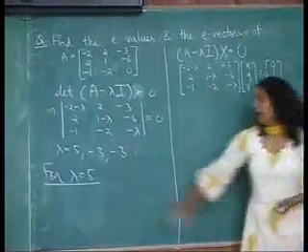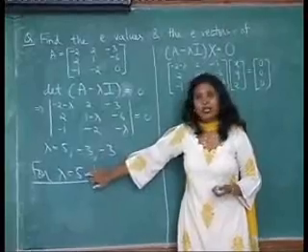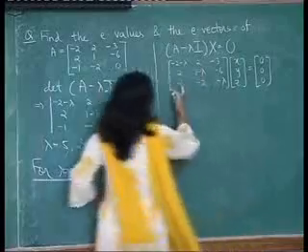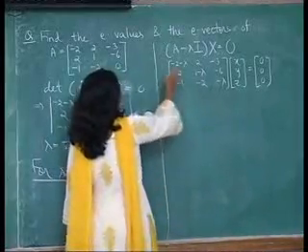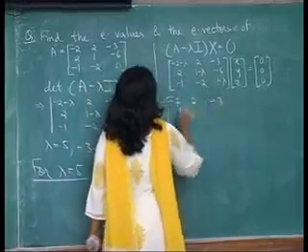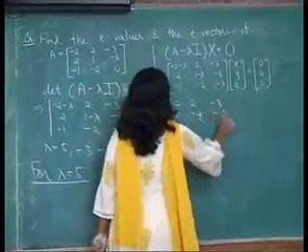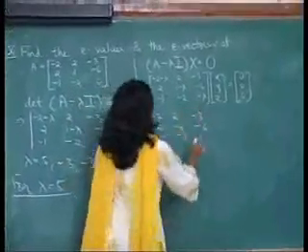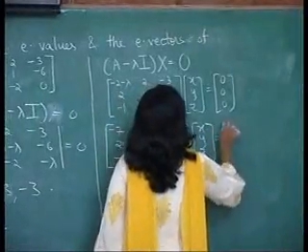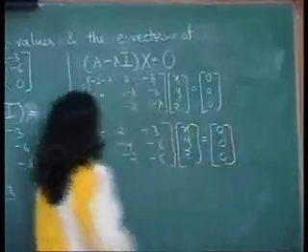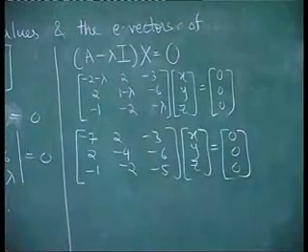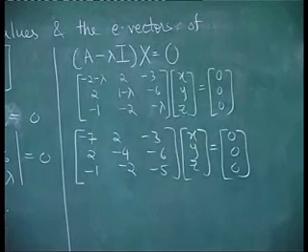Now, I need to do this specifically for lambda equal to 5. So, when I put lambda equal to 5 in this, my homogeneous system is going to look like -2 minus 5, -7, 2, -3, 2, -4, -6, -1, -2, -5, times X, Y, Z. In the earlier sessions, we have spent enough time on reducing the matrix to the echelon form, so I am not going to waste any more time over here.